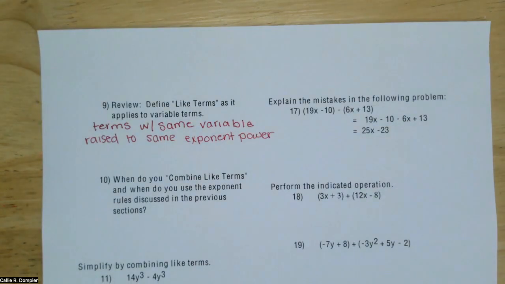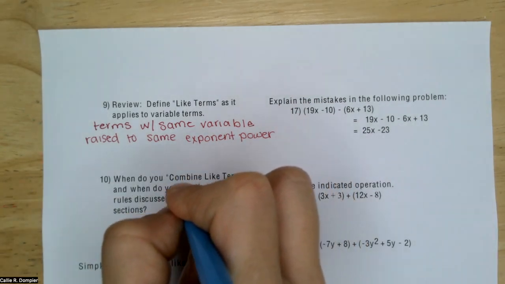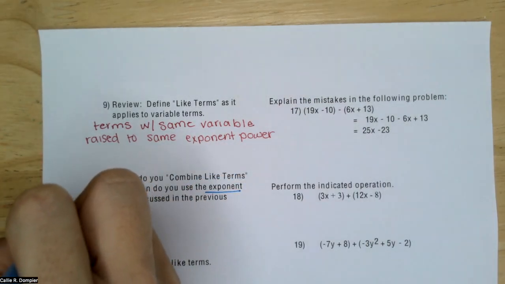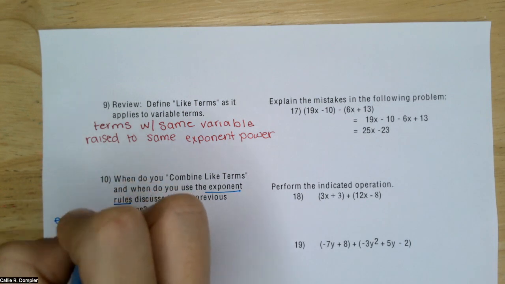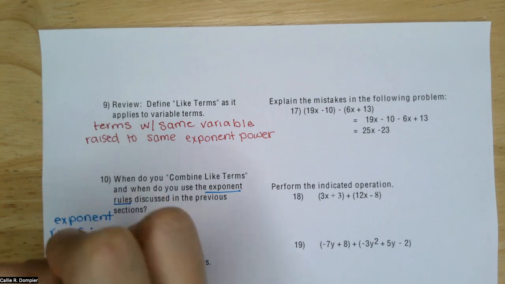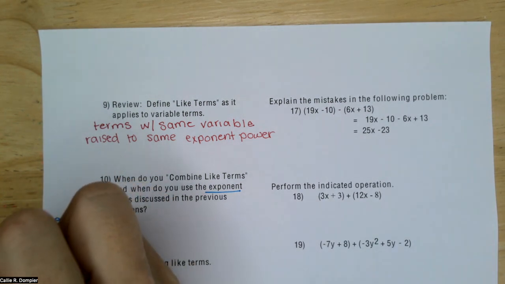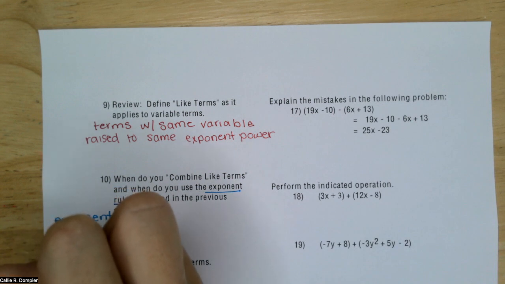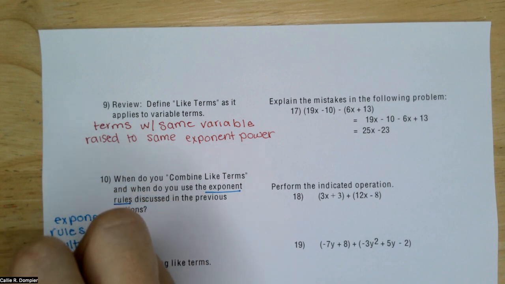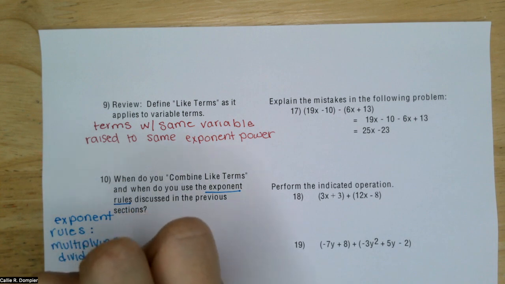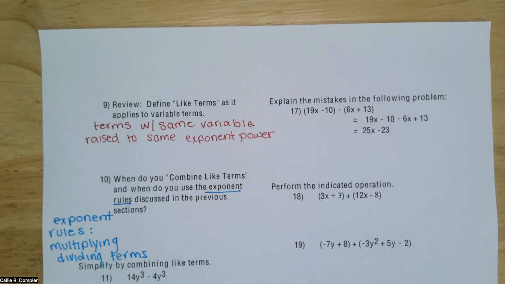When do you combine like terms and when do you use the exponent rules from 5.1, 5.2? So when do we use the exponent rules and when do we use combining like terms? It's a good question, right? Exponent rules are for multiplying and dividing. So if you have to multiply or divide the terms, use the exponent rules.